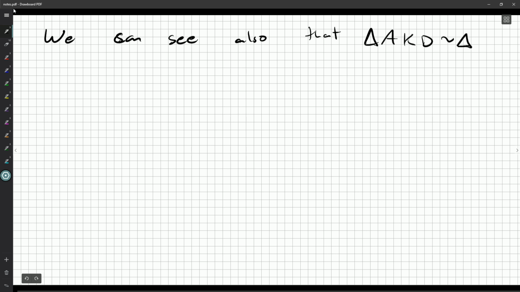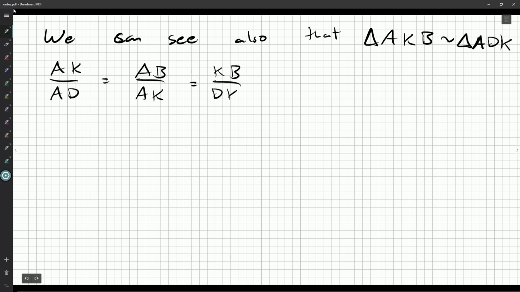So we'll say AKD is similar to AKB is that one, and then D is the other new point, but they swap around, so ADK. So I need to show that AK is to AD as AB is to AK, or is the same as KB is to DK.